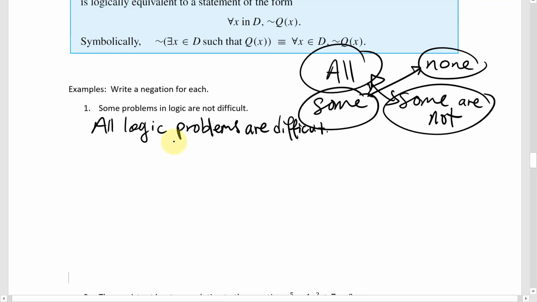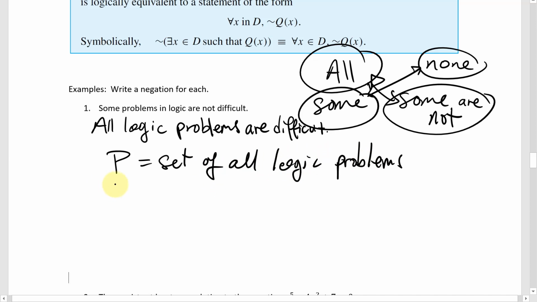Let's find a way we can put that into a sort of formal language. Let's say P is the set of all logic problems. So any particular logic problem could be some element X that belongs in the set P, and then we could say a predicate, let's say D of X is difficult.